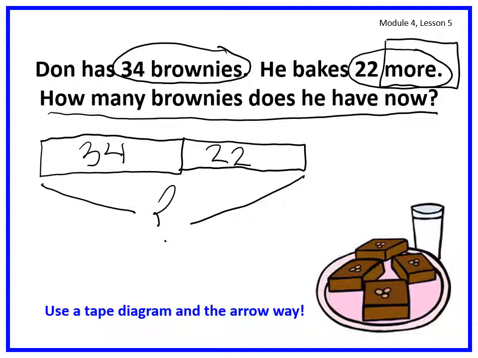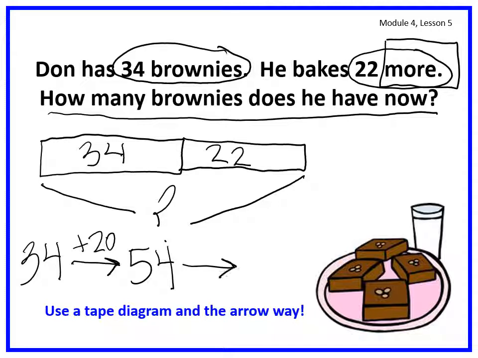So then the arrow way, I can say I have 34, and then I can add 20 to 34 to give me 54. And then I can add 2 more, and that equals, sorry about that, I don't know what I was thinking there.